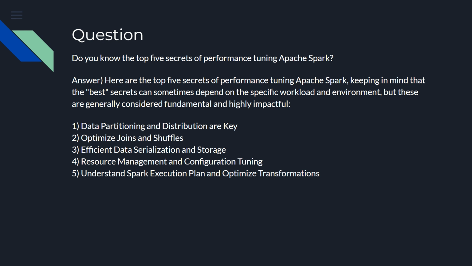Aim for a number of partitions roughly equal to the number of cores in your Spark cluster. You might need to adjust this based on the stage of your pipeline. Avoid data skewing. Data skew occurs when data is unevenly distributed across partitions.